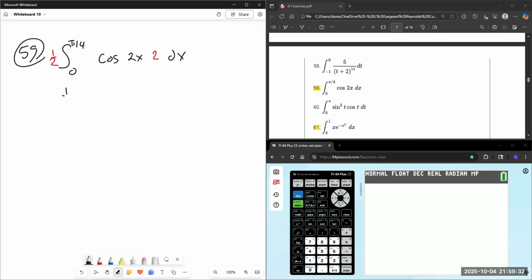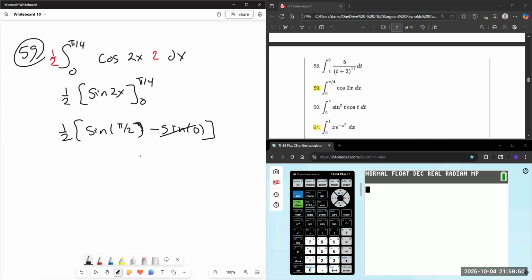That's 1/2 sine of 2x evaluated from 0 to pi over 4. That makes this 1/2 of sine of pi over 2 minus sine of 0. Sine of 0 is 0. So 1/2 of sine of pi over 2, which is 1, is 1/2.